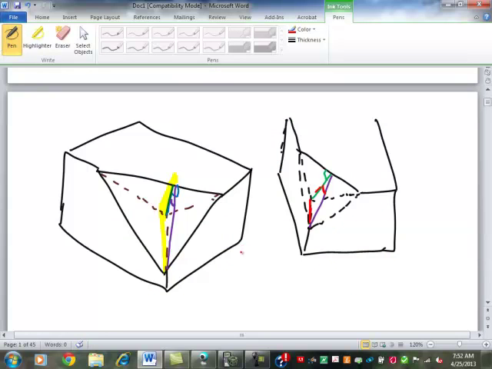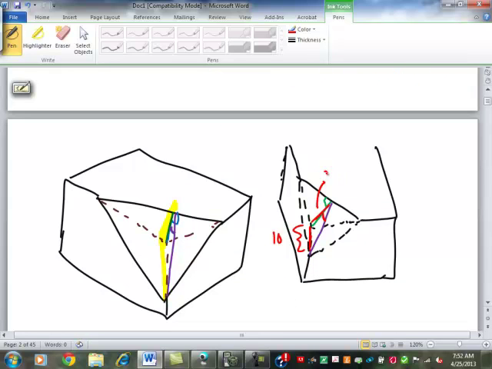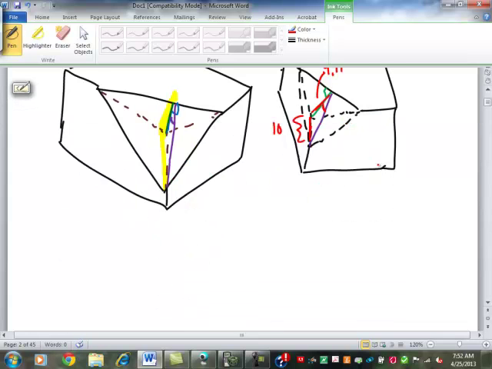So we know that this depth here, we chose it to be 10. This length here we calculated to be 9.995. So now we can find the angle there. This is our angle of tilt right here.